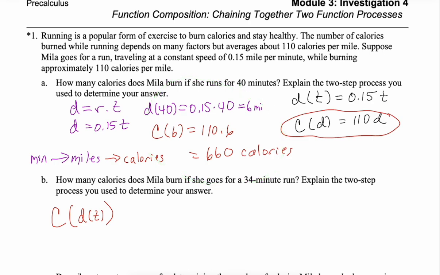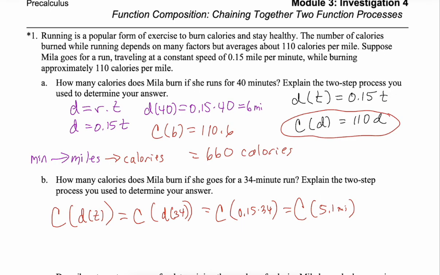So let me show you what I mean. We're going to ignore the outer thing, and we're going to find the distance she runs if she's gone 34 minutes. Well, I know that the distance formula for this one is 0.15t. So that's going to just be 0.15 times 34, which is 5.1 miles. You'll notice I have not touched the calorie information.